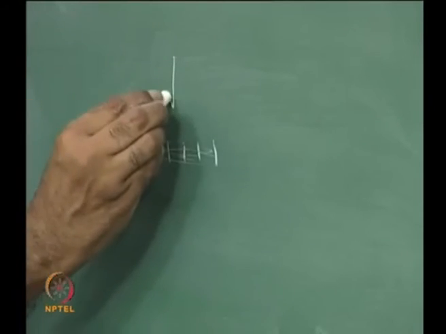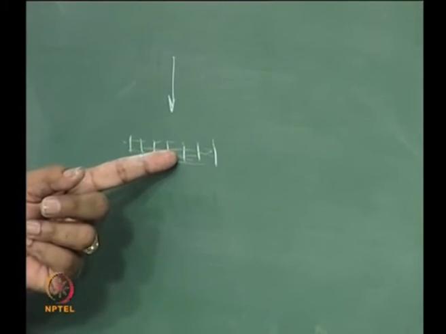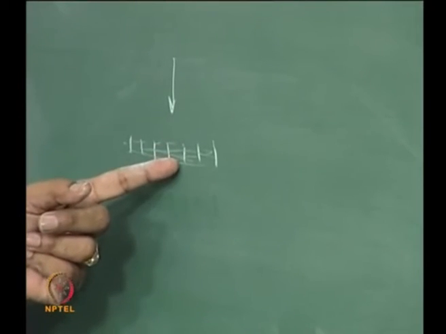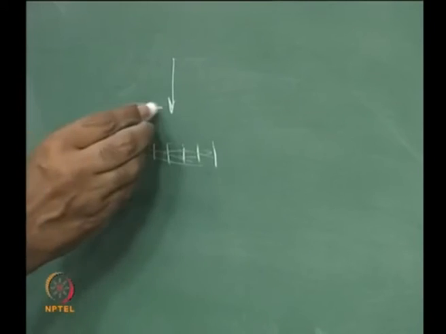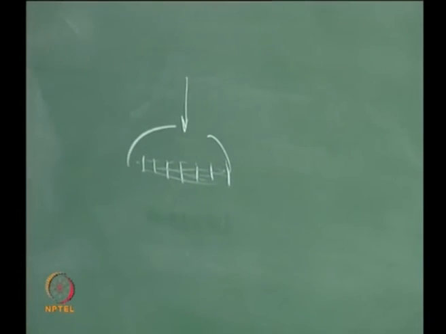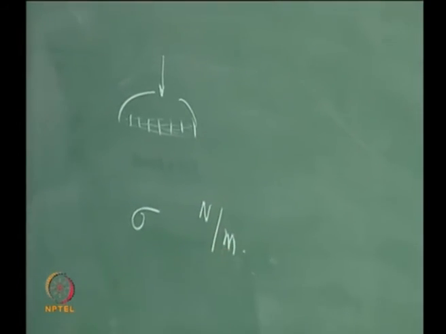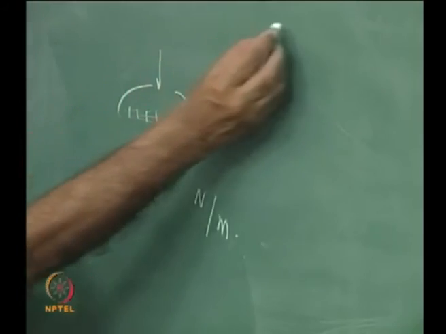Now I push air over here, maybe there is a value of pressure drop across this before which air cannot even enter it. That means I must overcome the surface tension pressure. Surface tension has units of Newton per meter, and it wets the surface.